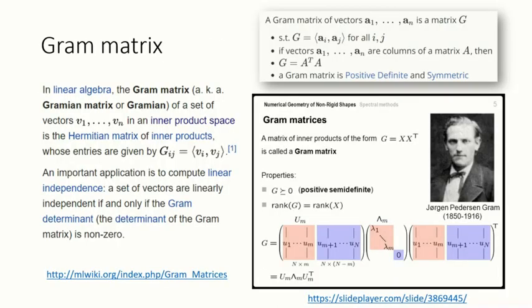So this procedure involves creating a Gram matrix. Gram matrix is almost the same as this, okay? They are somehow interchangeable. So if you have a Euclidean distance matrix, you can change that into a Gram matrix. If you have a Gram matrix, you can transform it and get a Euclidean distance matrix. But why do we need to introduce the Gram matrix? Because the Gram matrix is much easier to compute.